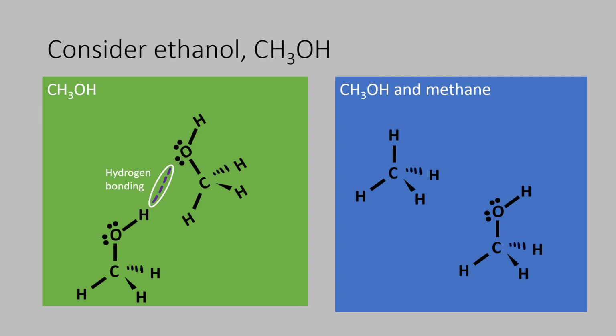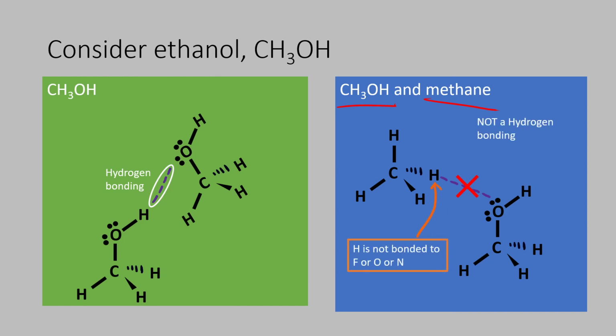Okay, so let's see the difference between ethanol, where it can form hydrogen bonding, tapi kalau etanol tu duduk dengan methane, okay, dia tak boleh buat hydrogen bonding. Kenapa? Kenapa dia tak boleh? Sebab untuk hydrogen bonding, this is very crucial. Untuk hydrogen bonding, hydrogen tu itself must connect to F ataupun O ataupun N. So hydrogen ni connect dengan oksigen, so it's okay, dia boleh buat.